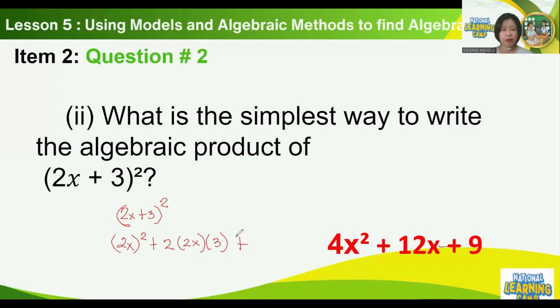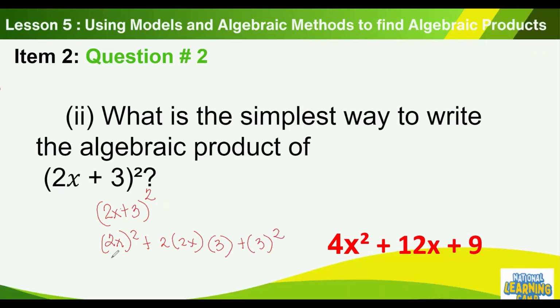The square of 2x is 4x squared, plus 2 times 2x times 3, we have 12x, plus the square of 3, so we have 9.